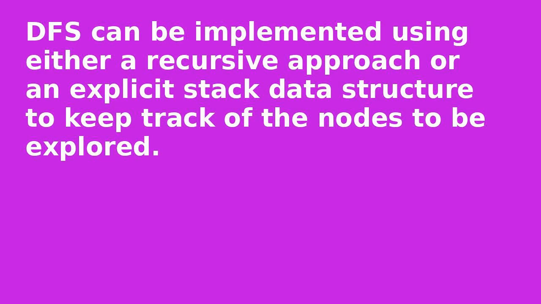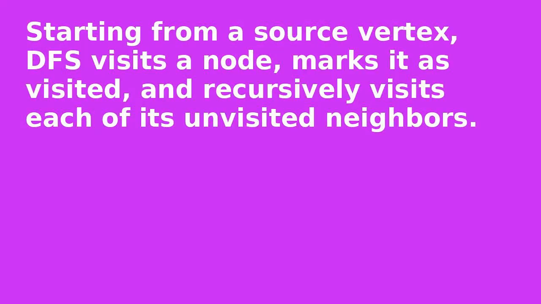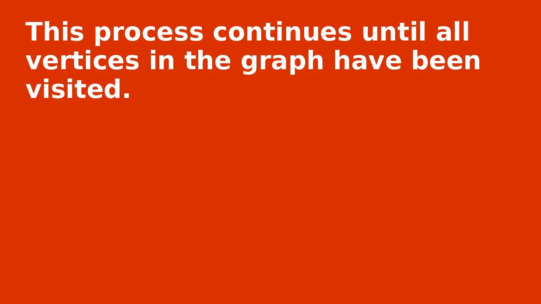DFS can be implemented using either a recursive approach or an explicit stack data structure to keep track of the nodes to be explored. Starting from a source vertex, DFS visits a node, marks it as visited, and recursively visits each of its unvisited neighbors.